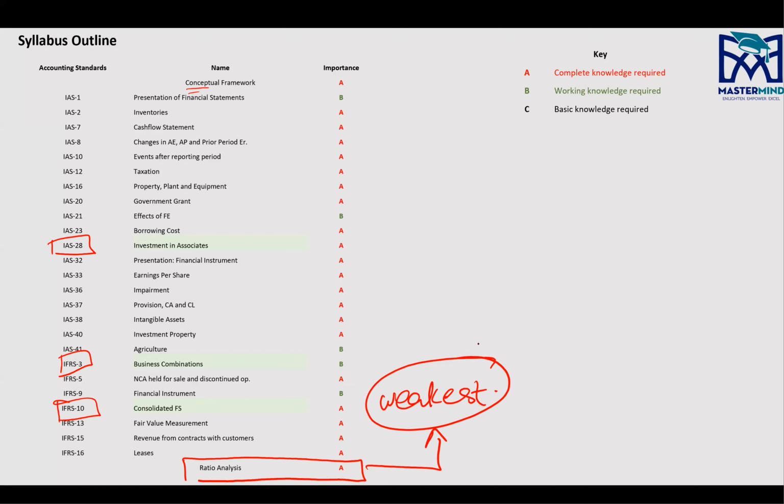Now, ratio analysis is just one way of interpreting the information in the financial statements. Why is it the weakest area? That's my understanding. I've been teaching for the last 7 years now, and I know that this is, in fact, the most appropriate understanding.